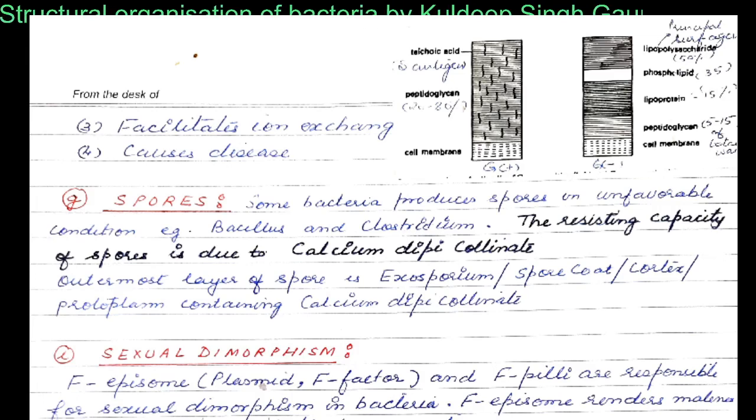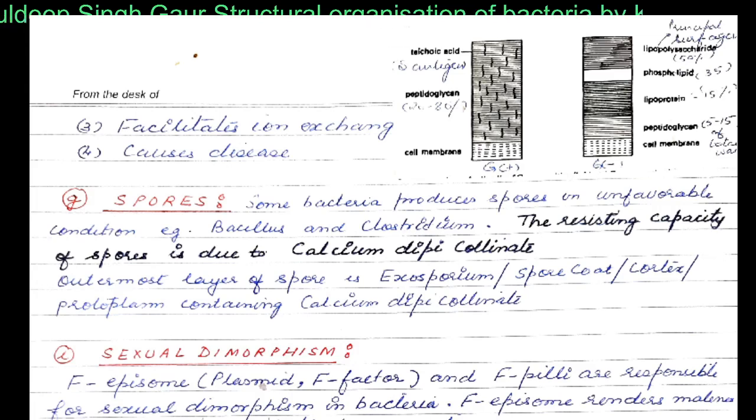Now today we are going to take up gram positive and gram negative bacteria also, and before that let us come to spores. Some bacteria, not all, form spores in unfavorable conditions, like Bacillus and Clostridium.